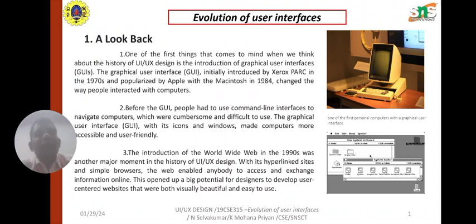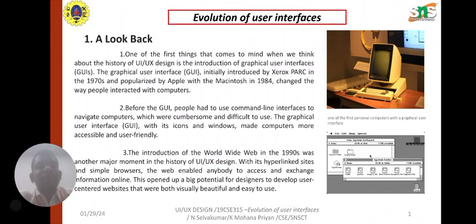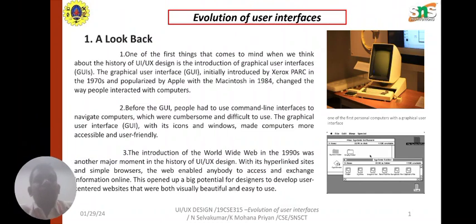One of the first things that comes to mind when we think about the history of UI design is the introduction of graphical user interfaces. GUI was initially introduced by the Xerox PARC in the 1970s and popularized by Apple with the Macintosh in 1984, and it changed the way people interacted with computers.